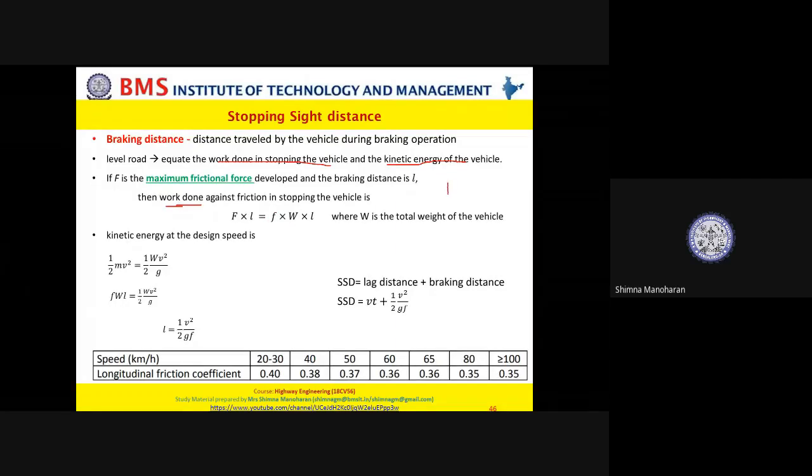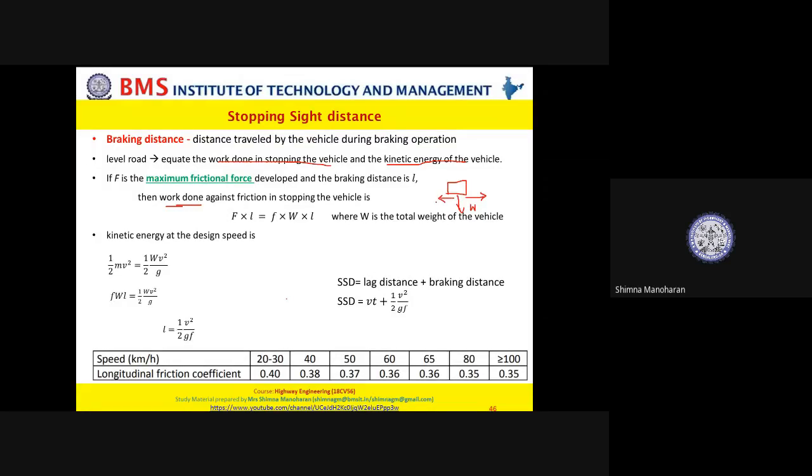If you remember the concept of friction from your elements of civil engineering, this is the weight. The vehicle is moving in this direction. Frictional force will be developed in which direction? In the opposite direction, right.